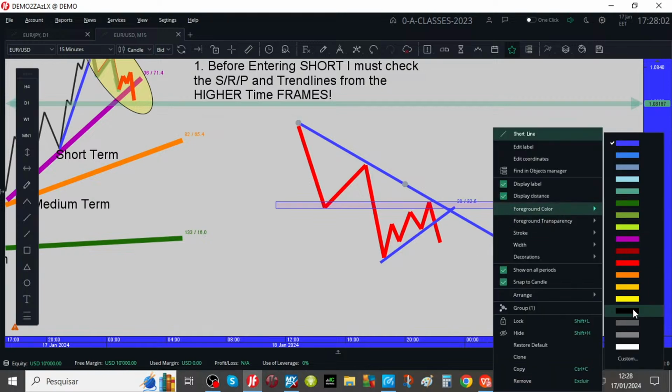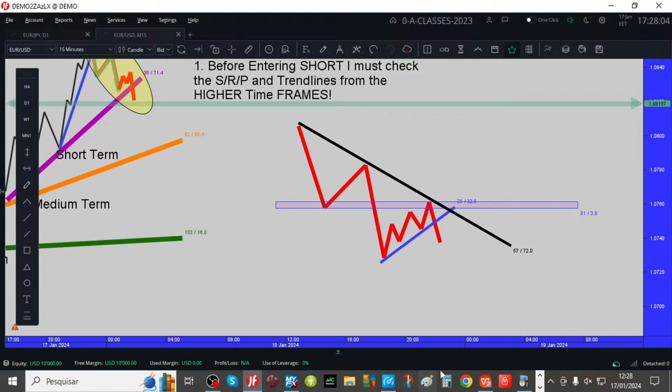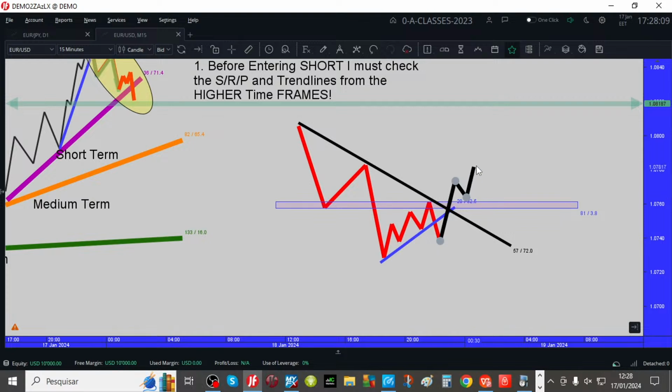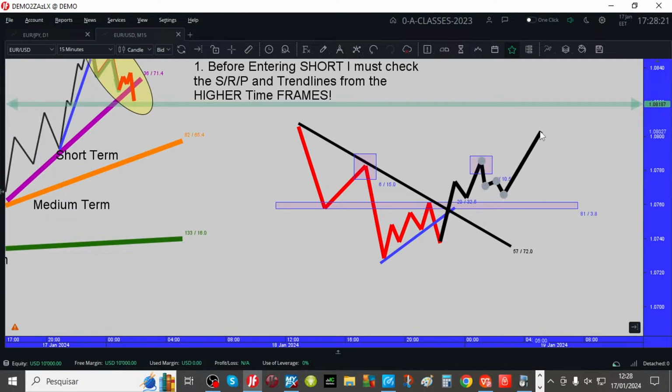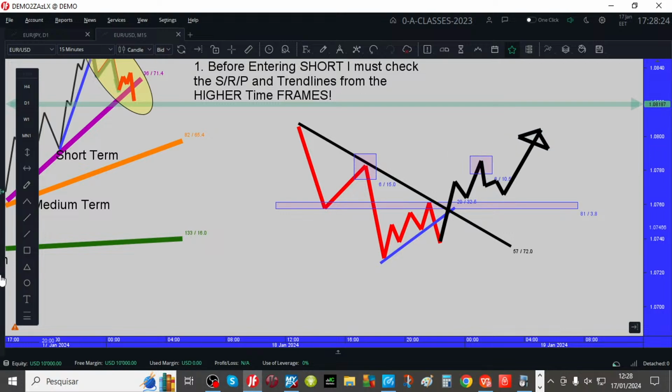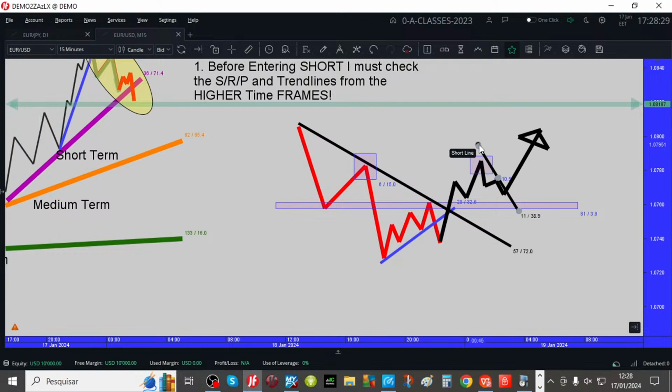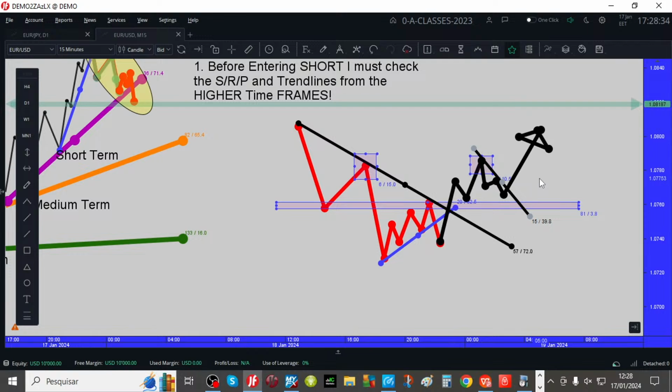I'm going to color code it in black, and I'm going to wait for the market to stop you out, make a higher high on the downtrend. Then I'm going to wait for another retracement and I'm going to buy. Don't judge yourself, but this is how a professional trader or a good analyst understands the market.